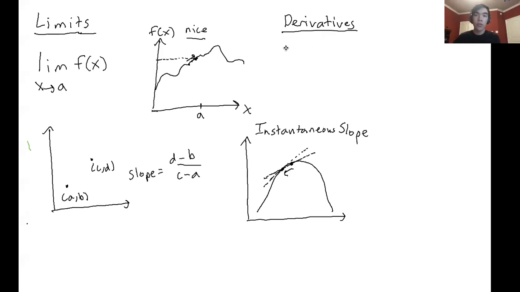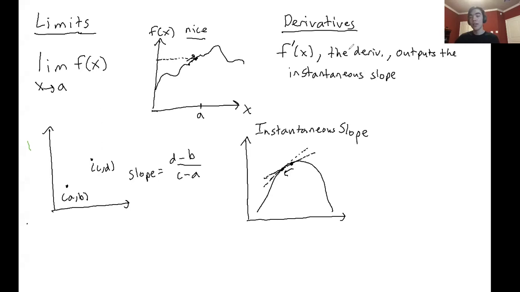For now, I'm just going to use this prime notation. I'm going to write f of x, but put this prime up here, and that marks the derivative. So f prime of x, the derivative, just outputs the instantaneous slope at each point.